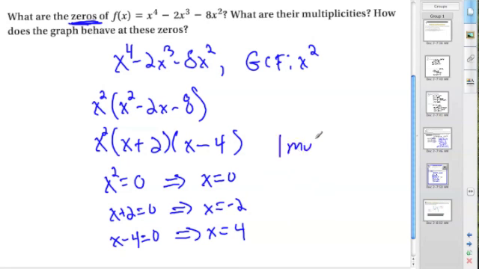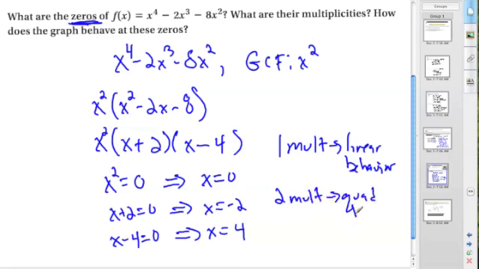In other words, multiplicity 1 gives a linear behavior. If you have multiplicity 2, it's a quadratic behavior. And if you have multiplicity 3, it's a cubic behavior.